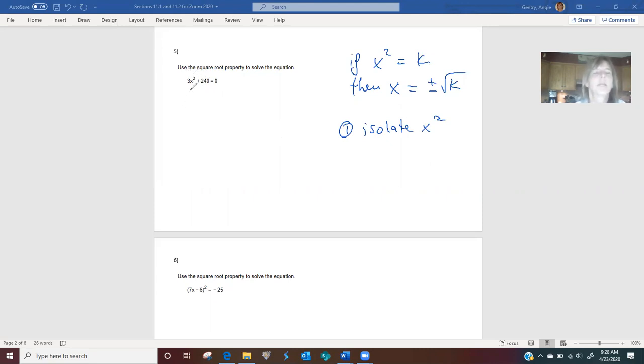Maybe I should have used an a in this case because later there'll be something else. So we have 3x squared is negative 240. And then you need to divide by 3, right? And so that's negative 80. And then you have to use the square root property.